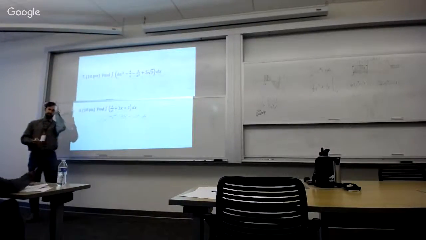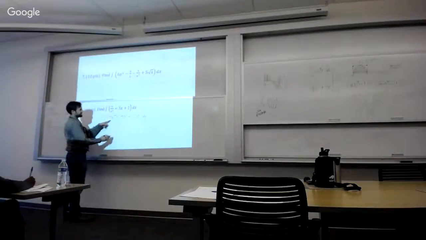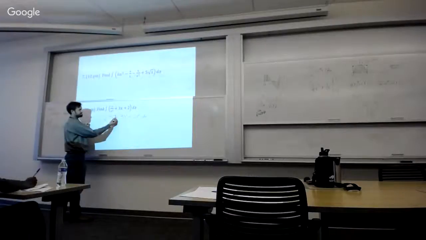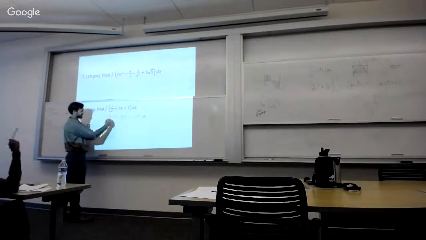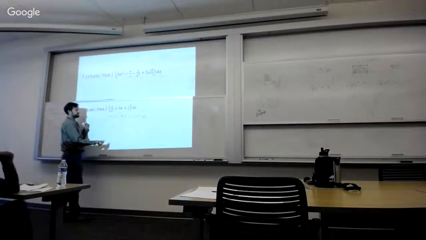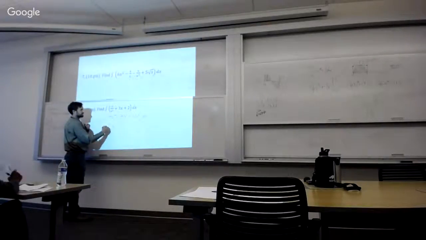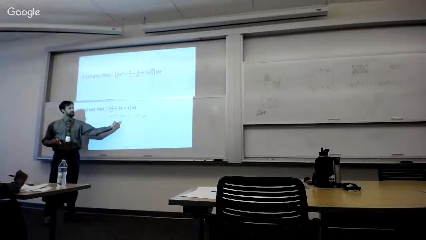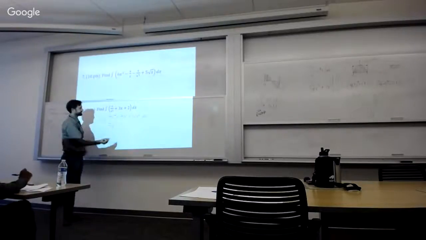Going down the line here, Sarah, antiderivative of 4x to the negative 2. What do you do? You add 1, so that's the negative 1, and then divide by what you get. Okay, very good. And then antiderivative of 3x, Fatima?